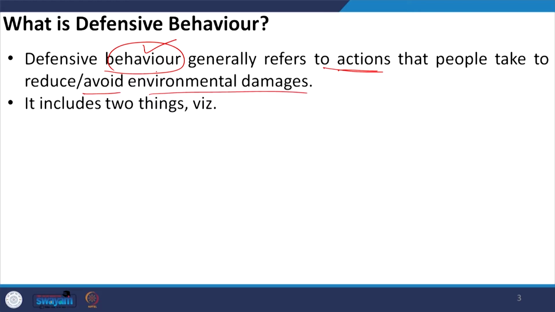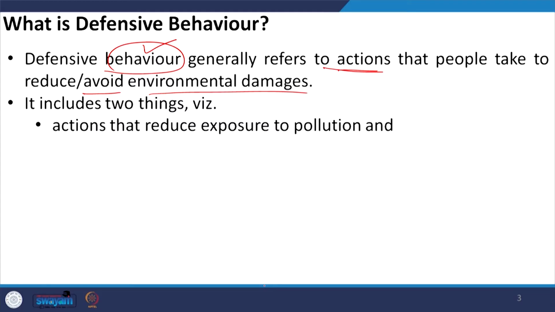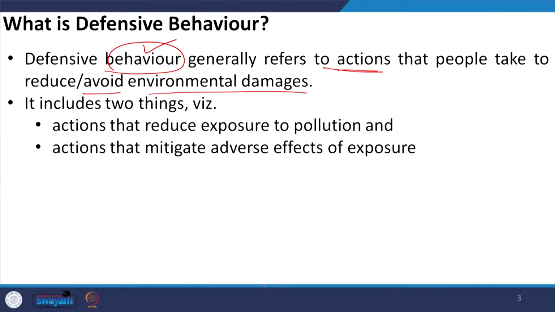This behavior, reflected in actions, involves 2 things. The first thing is actions that can reduce the exposure to the pollution. Pollution is a kind of bad, and it is a standard example in environmental economics that we are using. And second thing is actions that can mitigate the adverse effects of exposure.